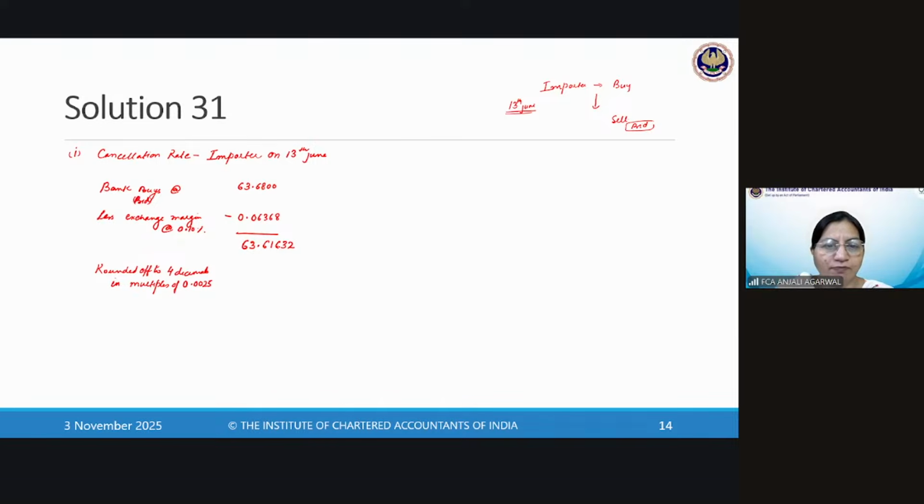Now, if I make 63 as 50, let's take these last two digits. Ignore this. If I take 63 as 50, or I can take it as 75. If I take it as 50, I am subtracting 13. The difference is of 13. But if I take it to 75, the difference is of 12. So this is closer, 63.6175. This is the rate applicable to the customer. This is the cancellation rate.